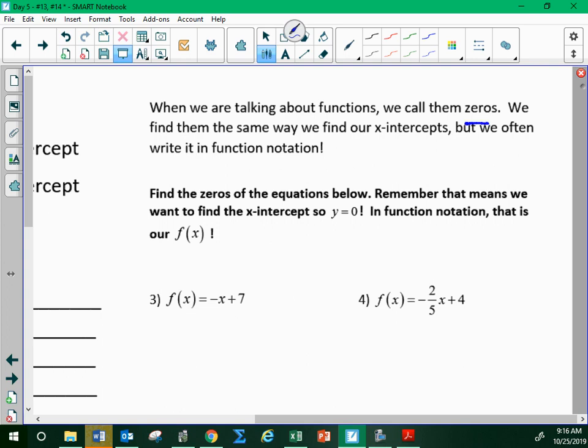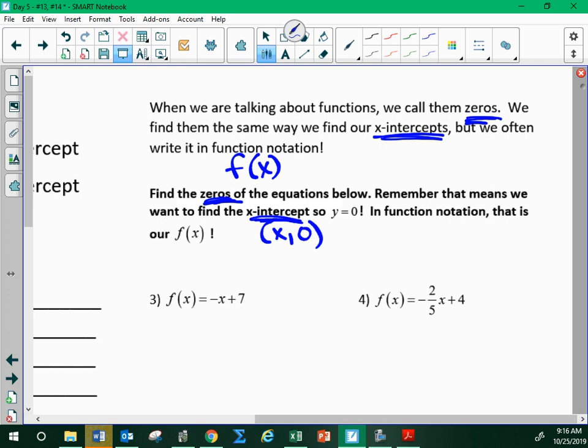Remember, zeros are just the same thing as x-intercepts. But we usually will write it in function notation for f of x. So here it says find the zeros of the equations below. Remember, zeros is the same thing as x-intercept. And that's when we have our x, but my y is 0.